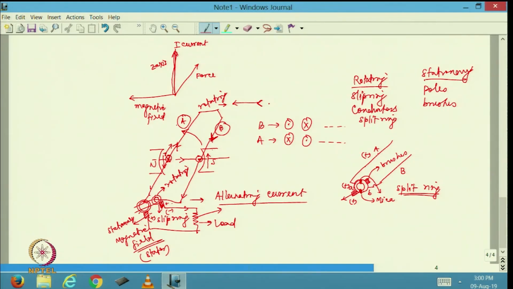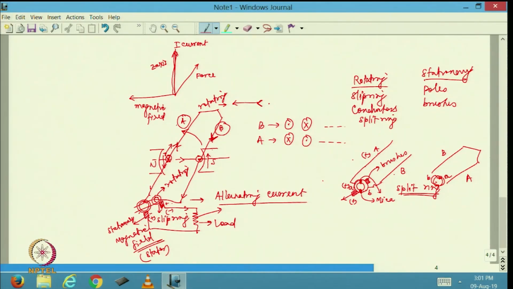Whereas, when this B rotates on to the other side, along with that, this small portion that is B of the split ring would have also rotated to the other side. So, I would rather show B is here, A is here, which has rotated by 180 degrees. Now, if I look at the split ring, I am going to have the split ring connected like this. So, this is going to have B and this is going to have A. This has rotated along with the conductor.